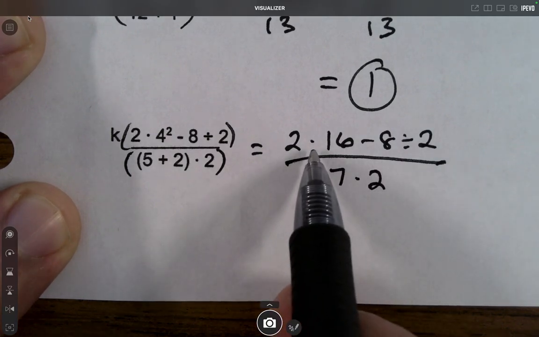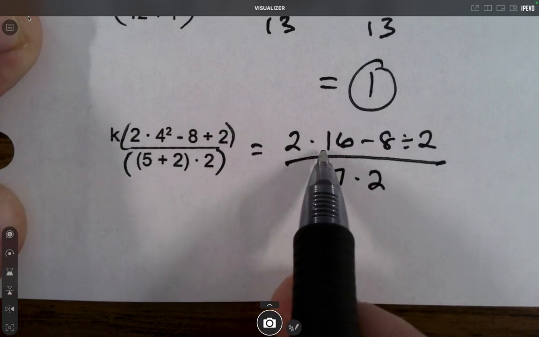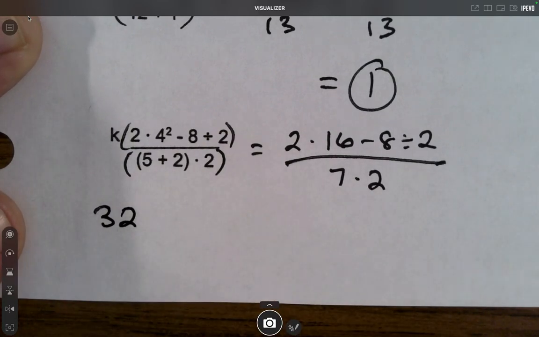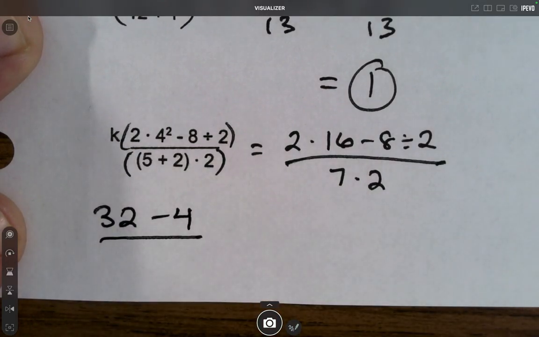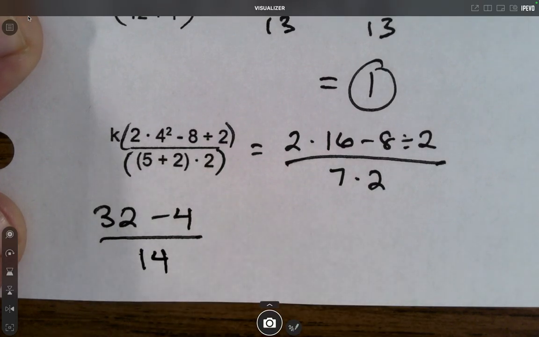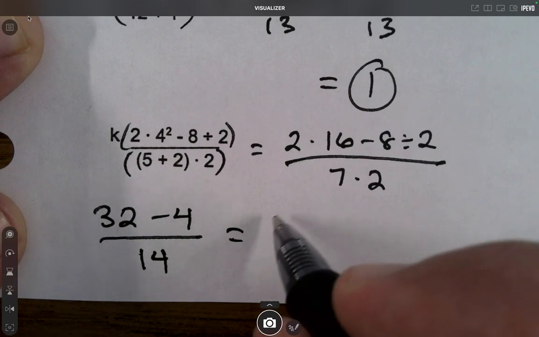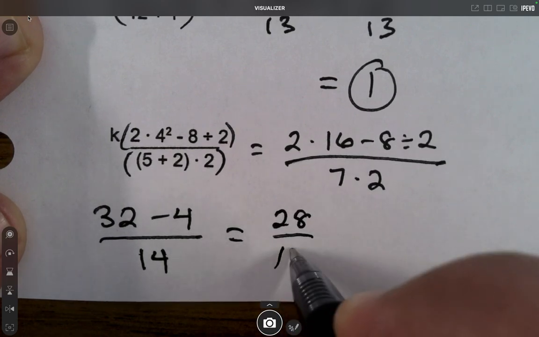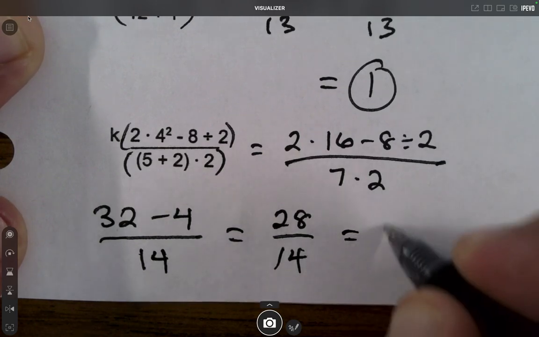Okay, then on top we have a multiplication and a division. We do them from left to right, so 2 times 16 is 32. 8 divided by 2 is 4. 7 times 2 is 14. On top, 32 minus 4 is 28. On the bottom, already finished, it's 14. And 28 divided by 14 is 2.